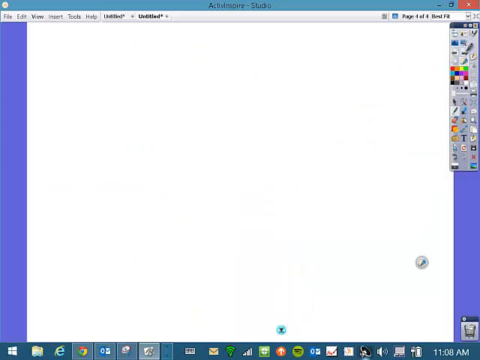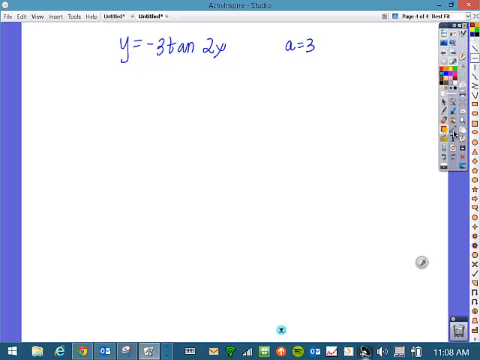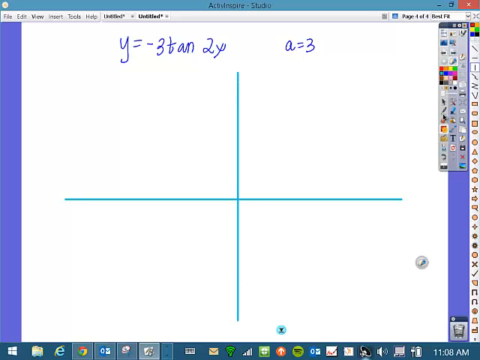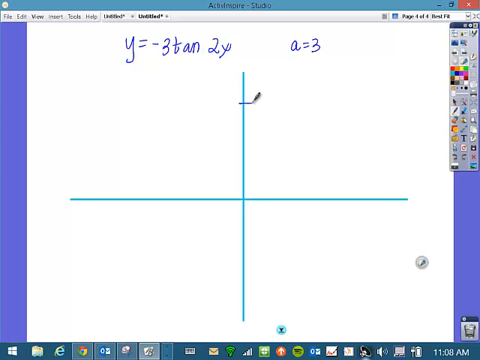Our next one, let's do y equals -3 tangent of 2x. So our amplitude is 3. We didn't shift it up or down at all. So our max is 3. Our min is -3, and our middle is 0.